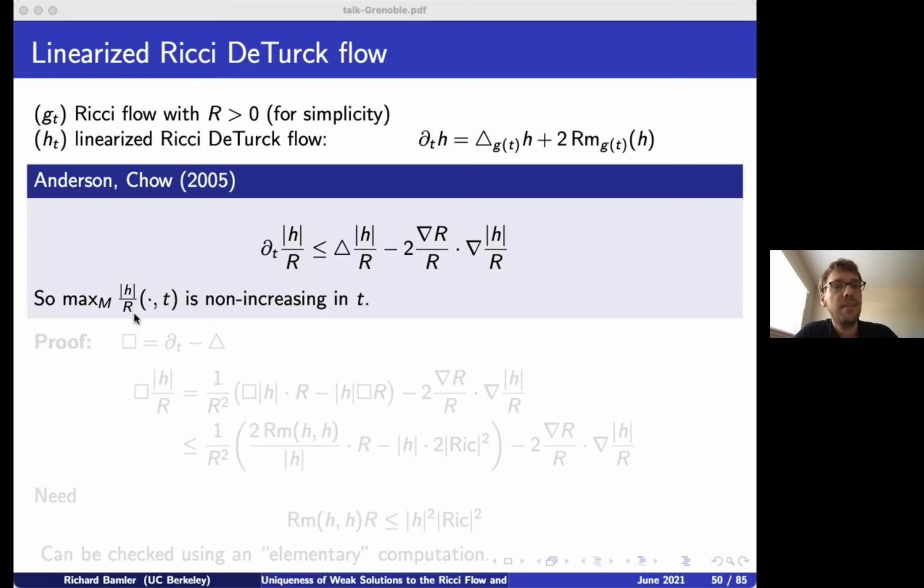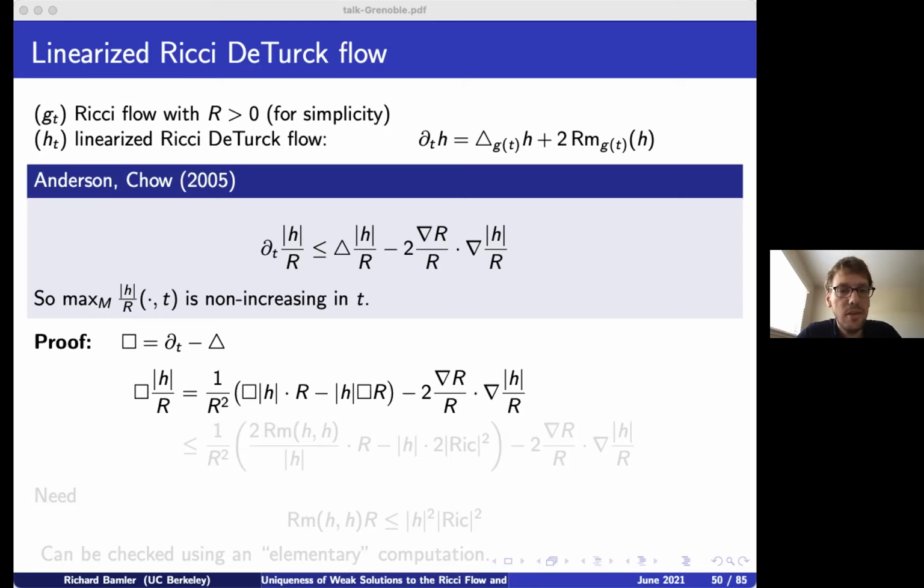So how to prove this? Essentially this is just a computation, but let me give you some more details. Let me call this box the heat operator. Then I'm going to apply the heat operator to H divided by R. There's a formula for the heat operator applied to a quotient. It's just this formula. Now I apply the heat operator to the norm of H. This is going to be bounded by 2 times Rm(H), H divided by the norm of H. And the heat operator applied to the scalar curvature is 2 times the norm of Ricci squared.